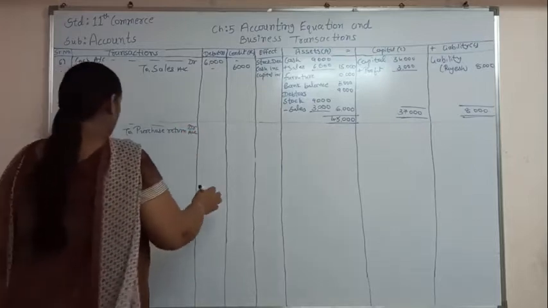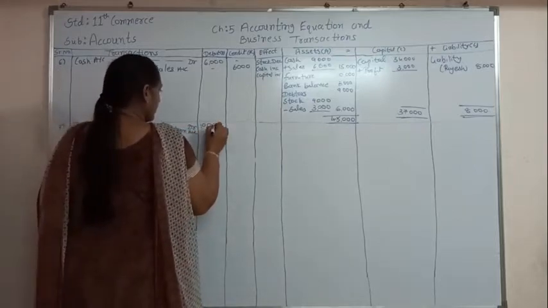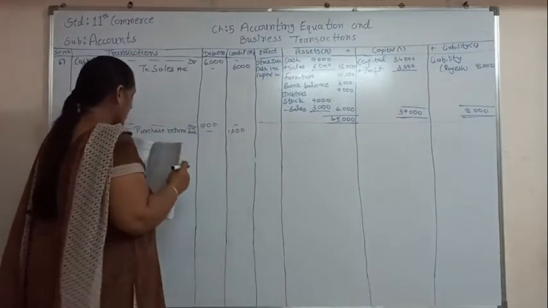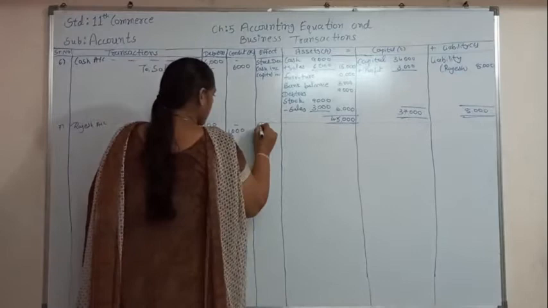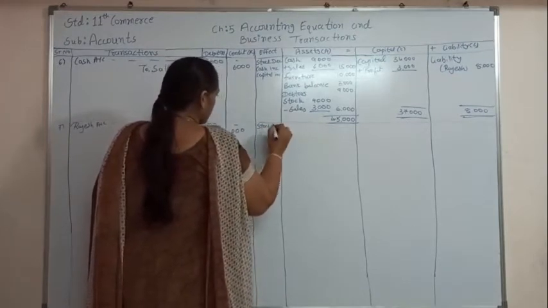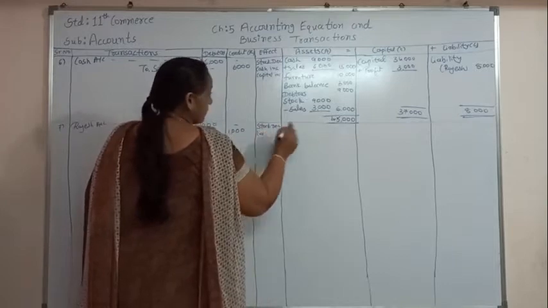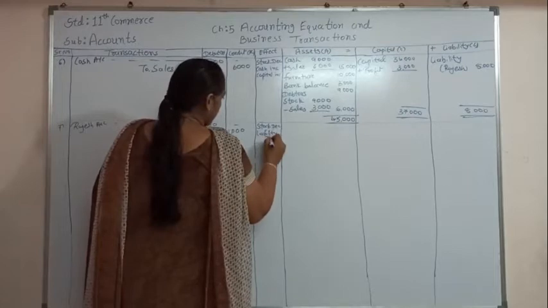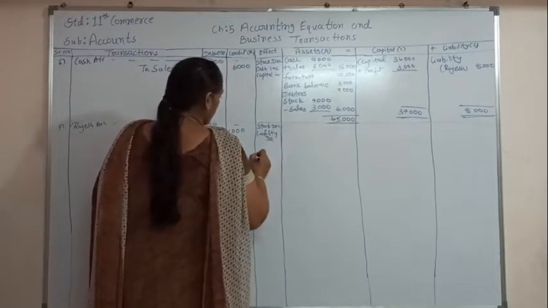So here goods of rupees 1,000 we have written. Because of this, stock is going to be decreased as we have sent it back. So stock is decreased and the liability of Rajesh is also going to be decreased. So both are going to be decreased.